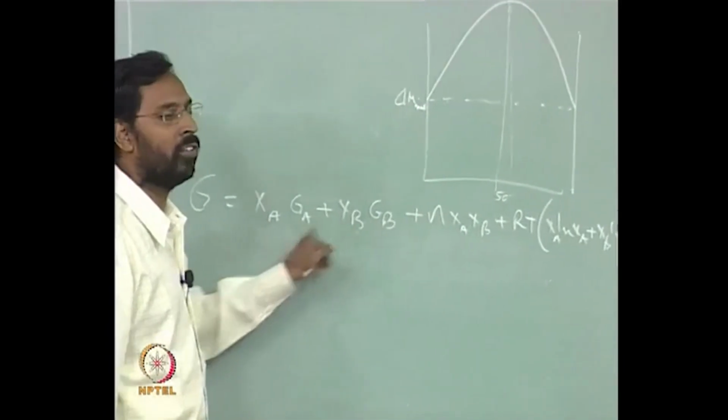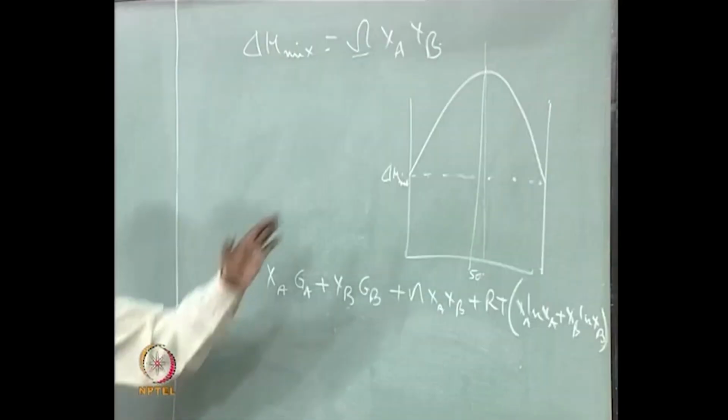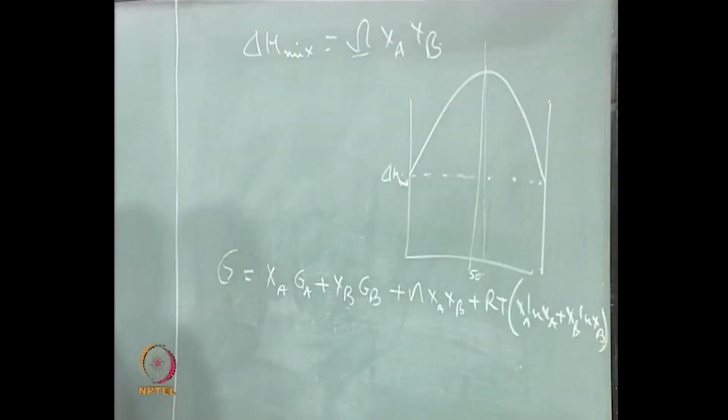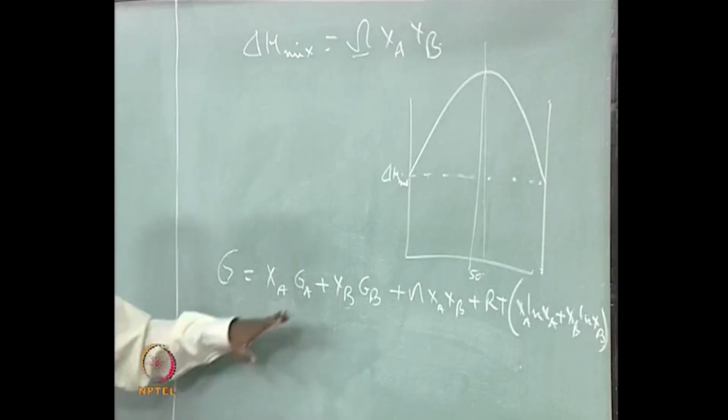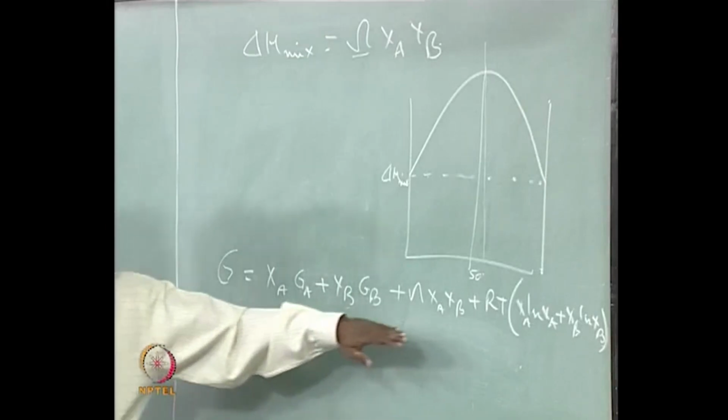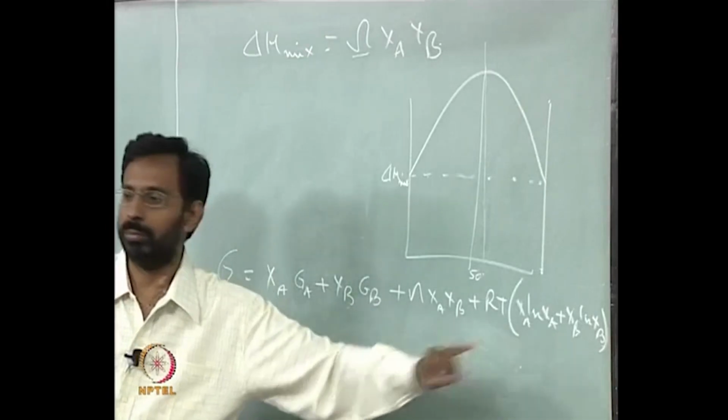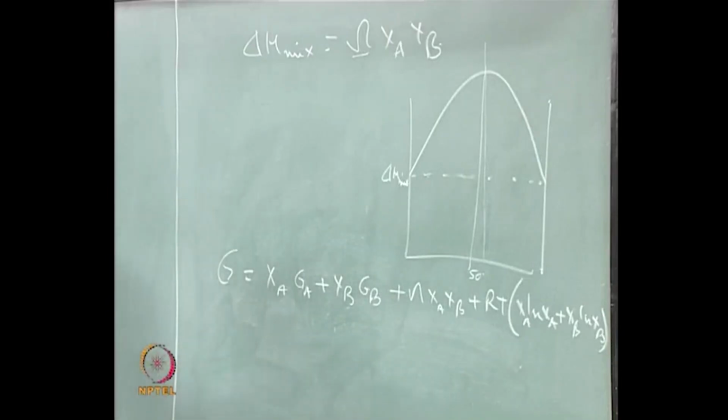And we said if you can assume these as standard states and assume Ga and Gb to be 0, basically you equate these two, and that is one crude way of doing it.